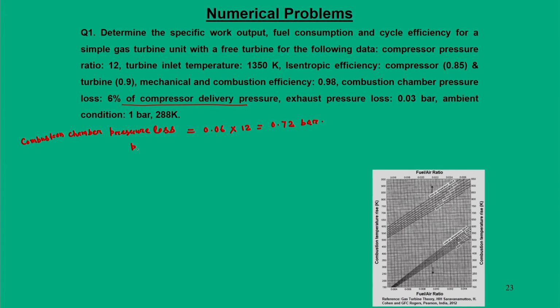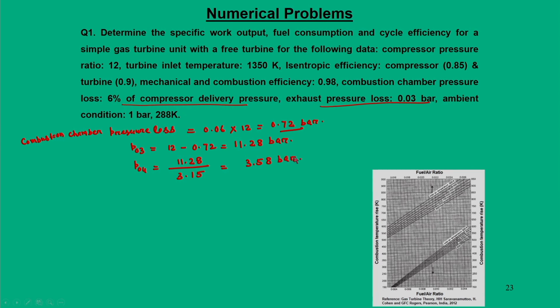So obviously P03 would be P02, that is 12, minus this loss 0.72, so it will be 11.28 bar. Now the exhaust pressure loss is 0.03 bar. So P04 would be 11.28 divided by 3.15, which would be 3.58 bar.